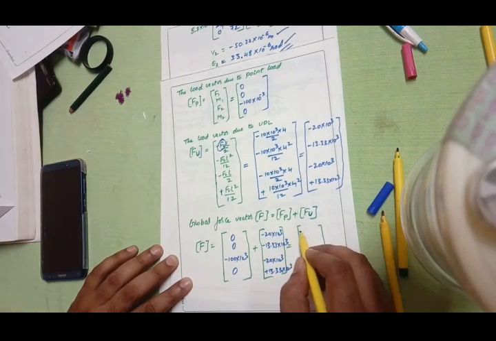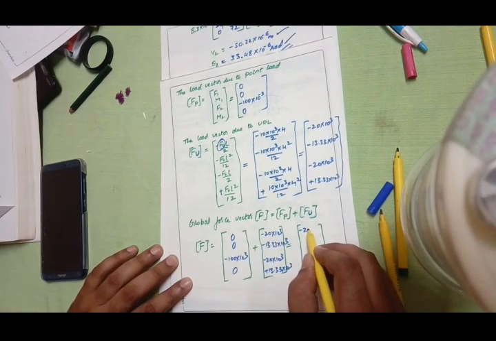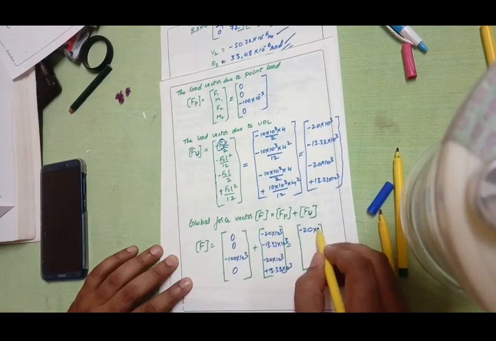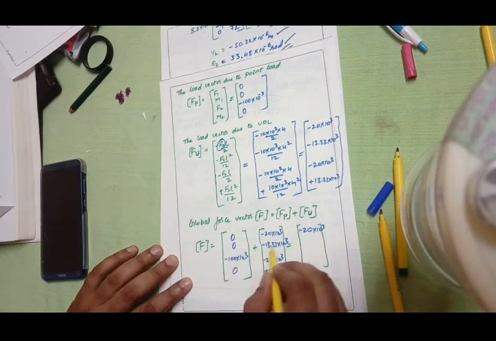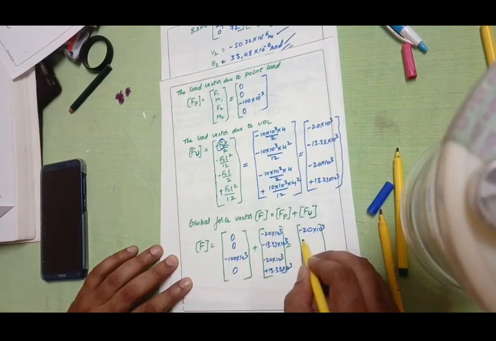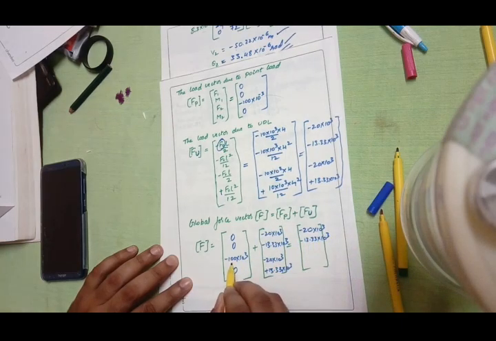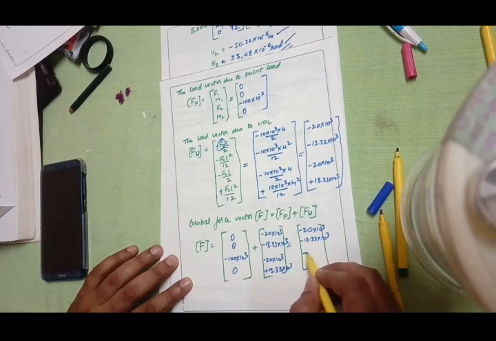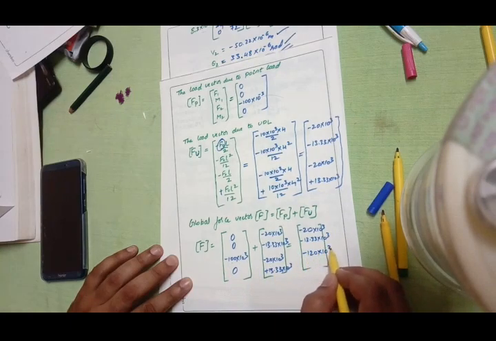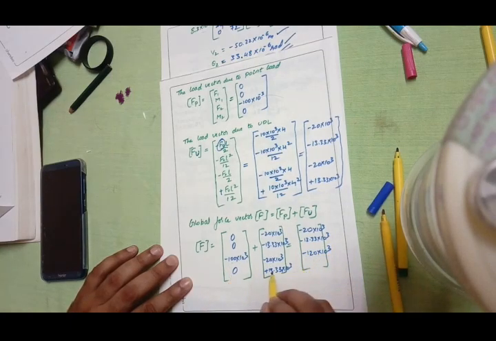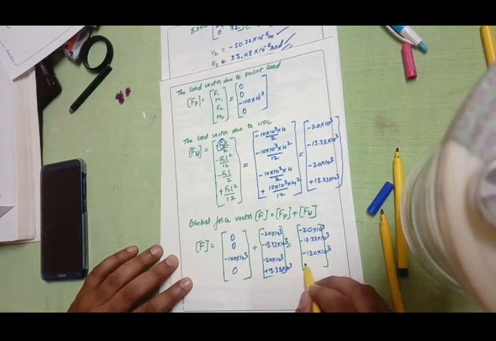If you just add the values, 0 and minus 20 into 10 power 3, 0 minus 13.33, so we get minus 13.33 into 10 power 3, minus 100 minus 20, which is minus 120 into 10 power 3. Then 0 and plus 13.33 into 10 power 3, which will be 13.33 into 10 power 3.